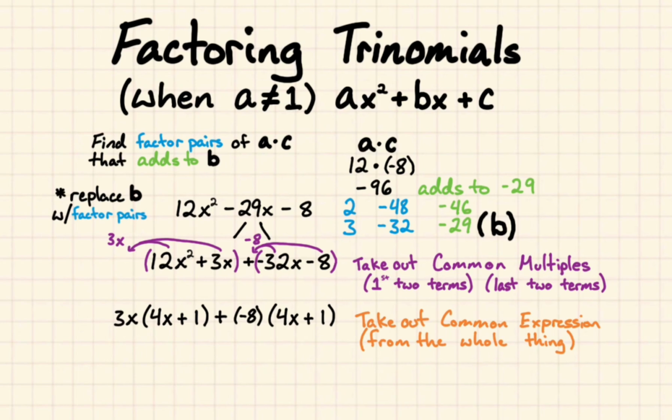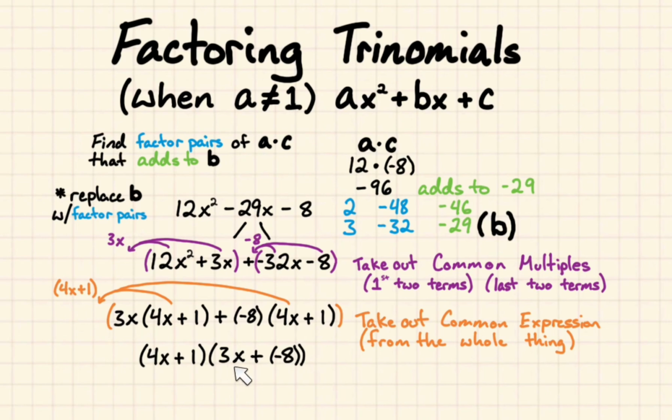So I'm going to put parentheses around the whole thing, and I can pull out 4x plus 1, and then I've finished. Well, pretty much finished. Instead of having plus negative 8, I'm going to change that to 3x minus 8. So I end up with 4x plus 1 times 3x minus 8.